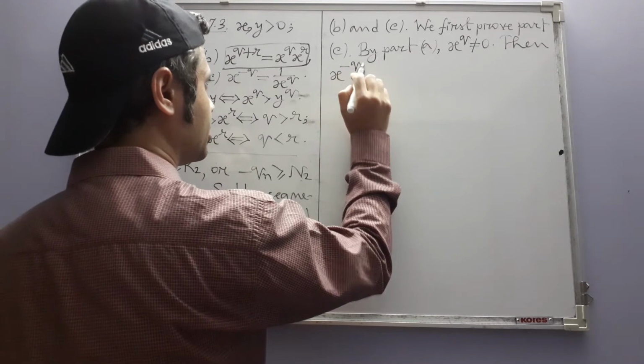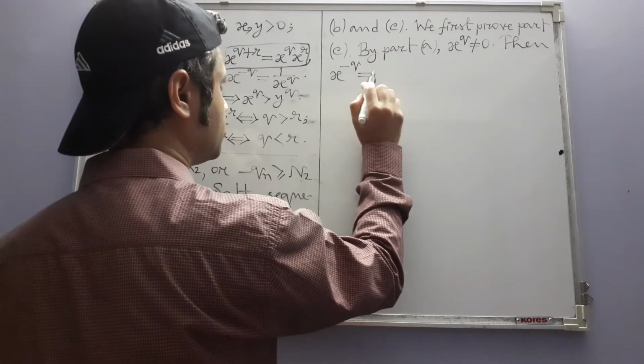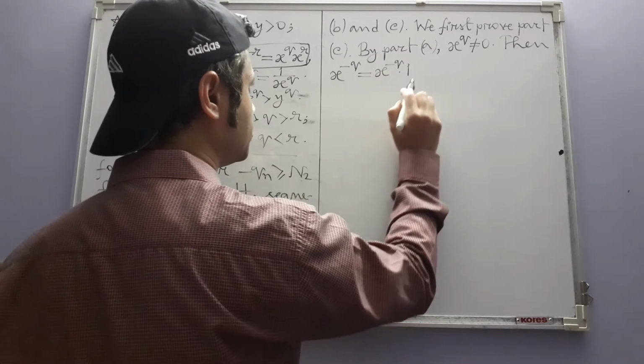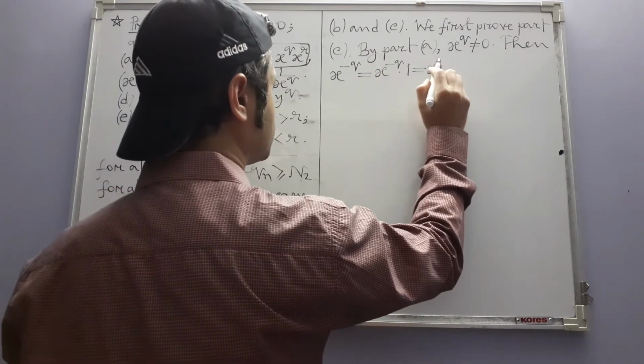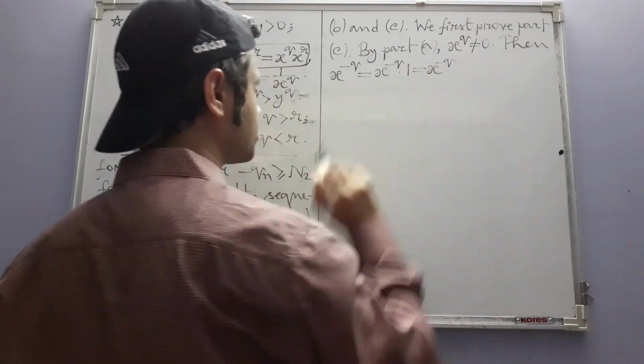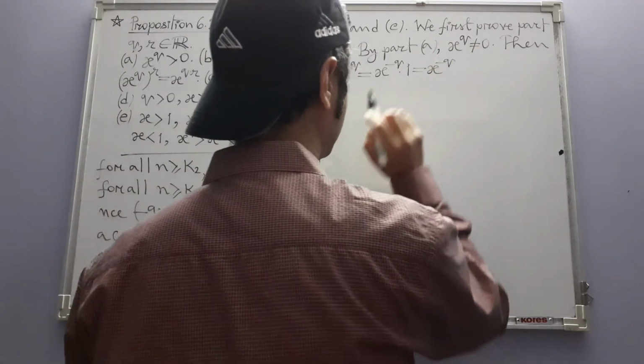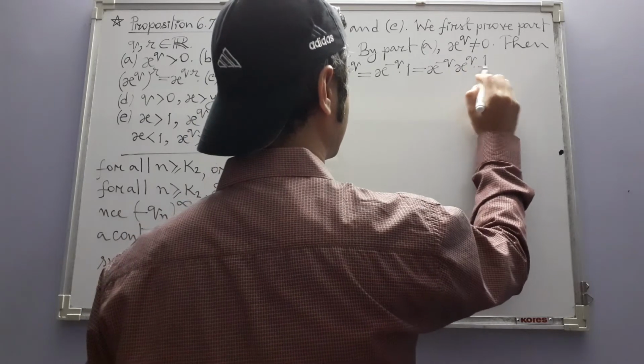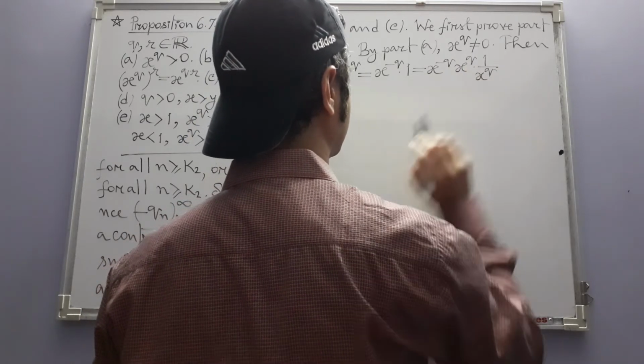Then x to the power minus q is equal to x to the power minus q times 1. Now, because x to the power q is non-zero, 1 can be written as x to the power q times 1 over x to the power q.